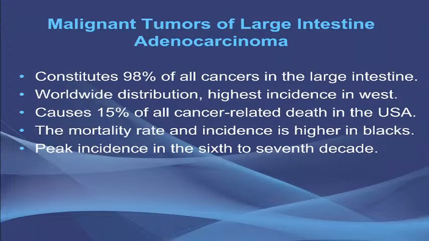Worldwide distribution, so they're found everywhere in the world, but the highest incidence is in the West. They cause 15% of all cancer-related deaths in the US, and the mortality rate and incidence are higher in Black Americans in the US. The peak incidence is in the 6th to 7th decade.